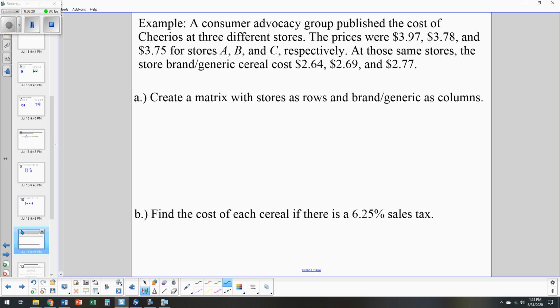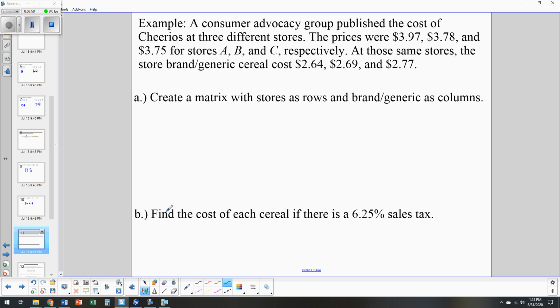So in our next example, this is probably the most applicable use of matrices. So here we have an example where a consumer advocacy group published the cost of Cheerios at 3 different stores. The prices were $3.97, $3.78, and $3.75 for stores A, B, and C, respectively. At those same stores, the store brand or generic cereal cost $2.64, $2.69, and $2.77.